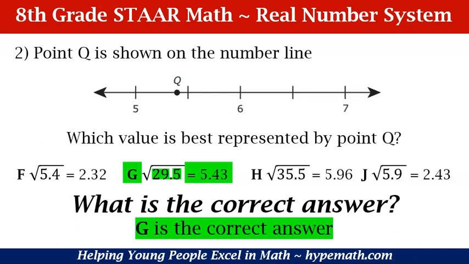So H is wrong because the square root of 35.5 is 5.96, and for that, the point would be at 6, okay? G is our correct answer. Let's move to the next question.